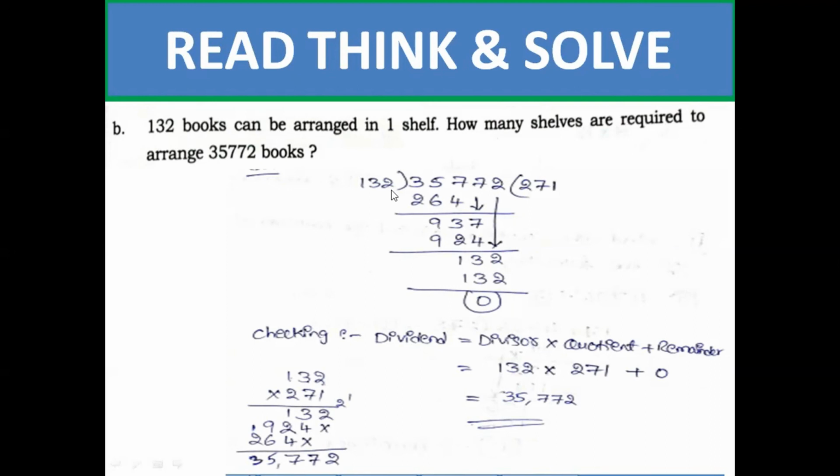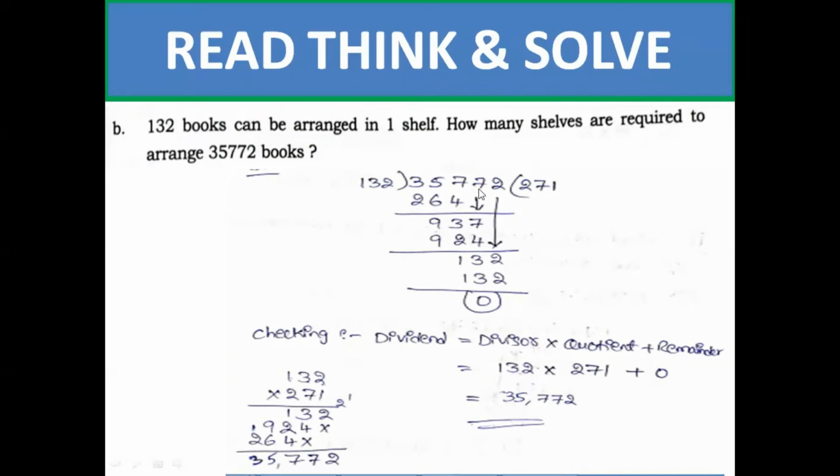132 divided into 35,772. Okay, children. 132 into 2, how much? 264. 357 minus 264 is how much? 93 difference.